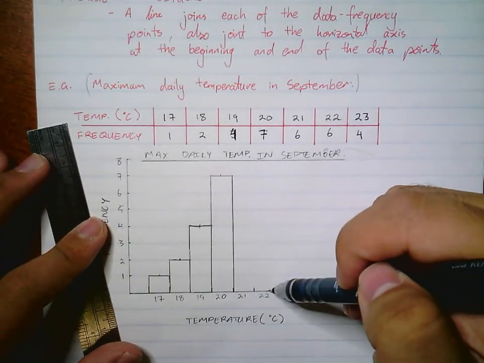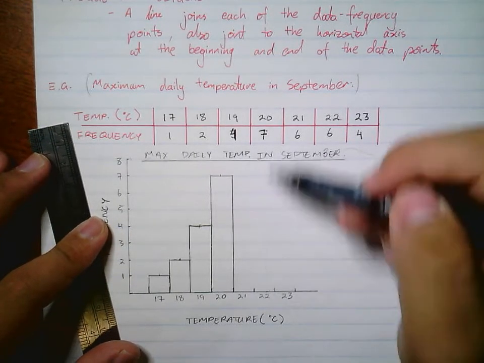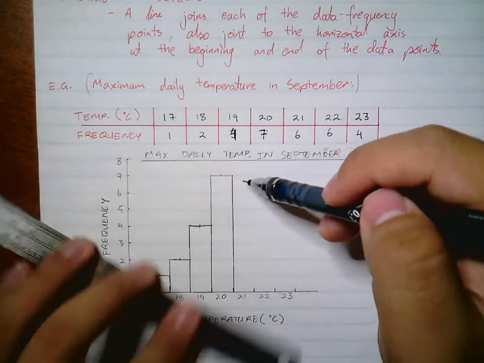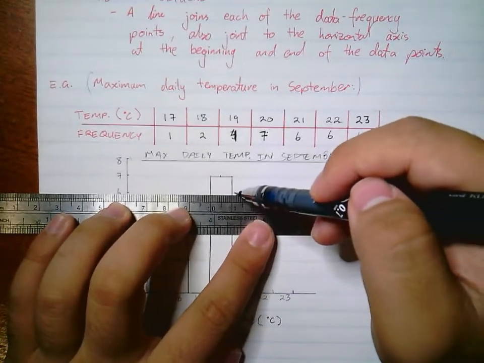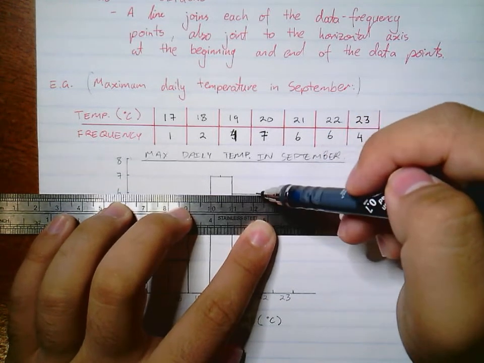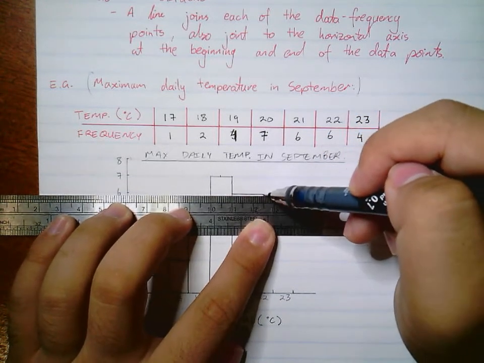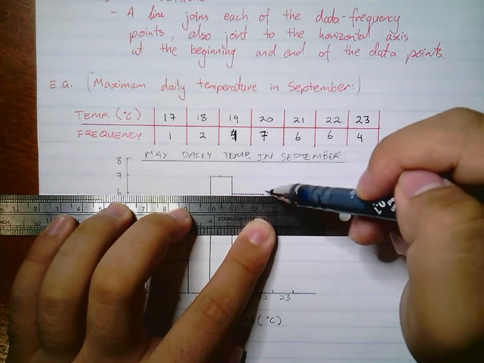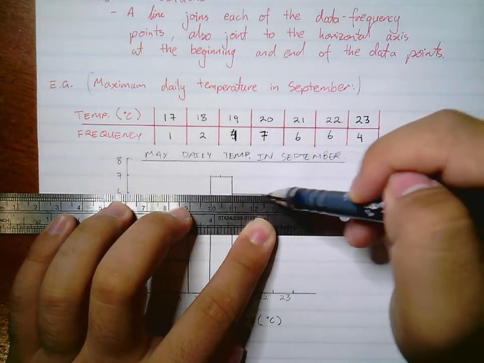21 and 22 happened 6 times. So I'm just going to draw this as 2 centimeters across because I know it's the next 2 data points. It's 1 centimeter, 2 centimeters.